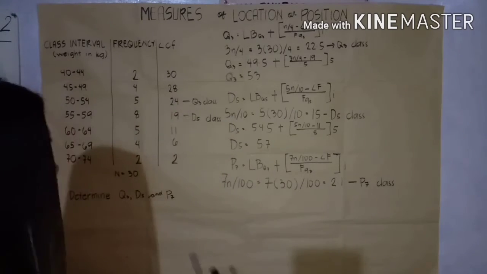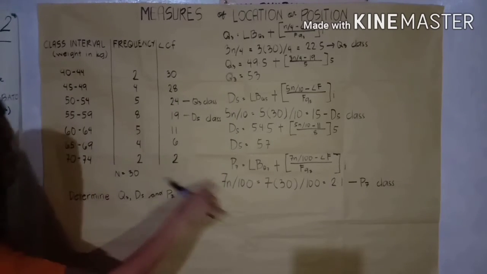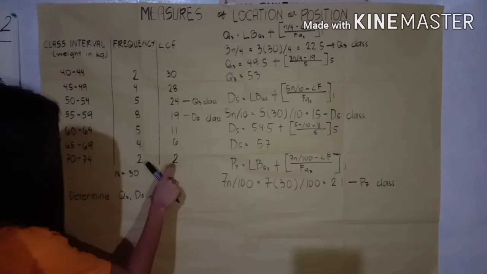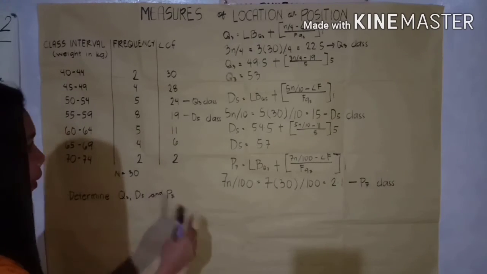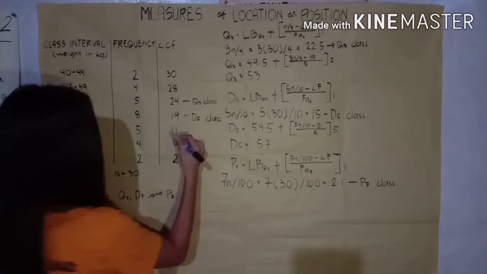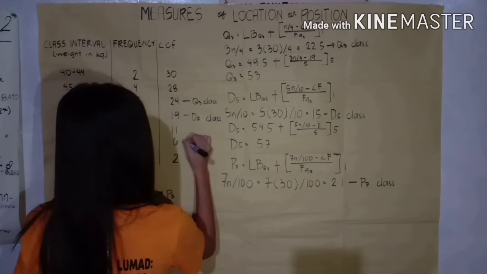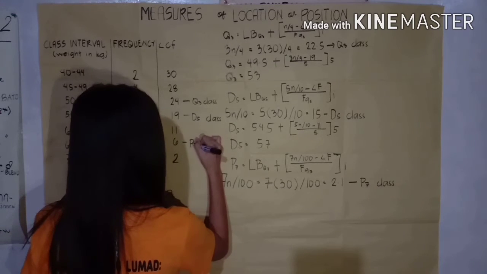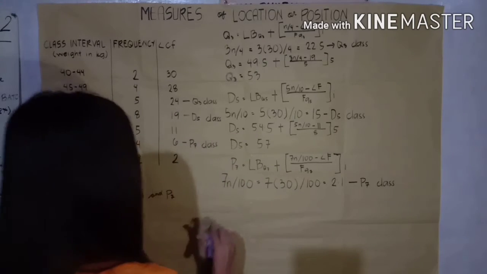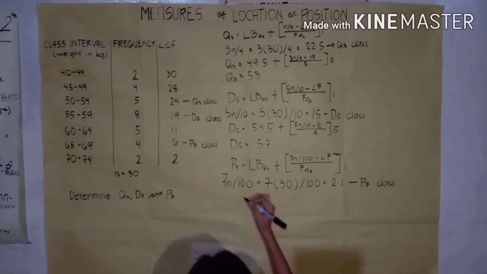So let's go again to our table. We can't see 2.1 here, so just like the other procedures, we must go to 6. So 6 is our P7 class.